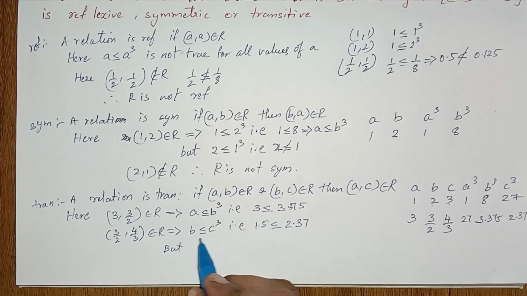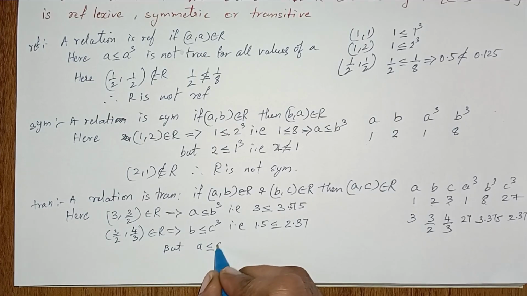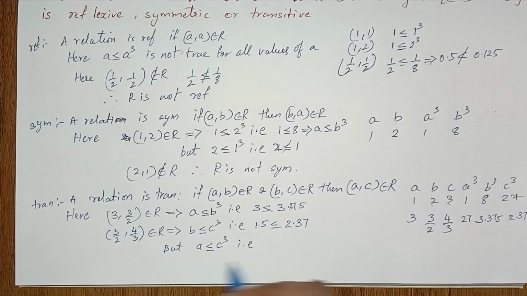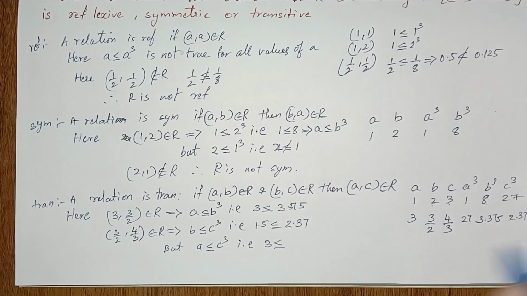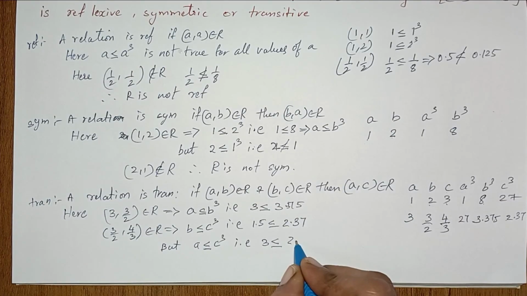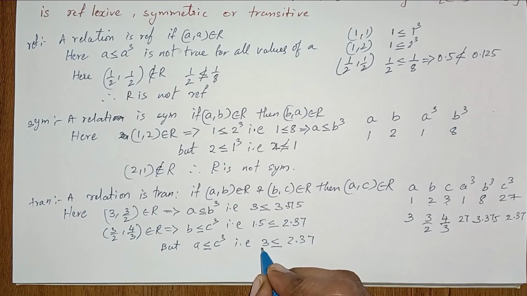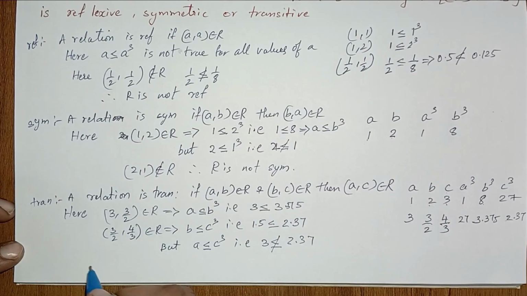But here we have to take a is less than or equal to c cube. A is 3, less than or equal to c cube, which is 2.37. That does not hold because 3 is greater than 2.37, so it is not possible.